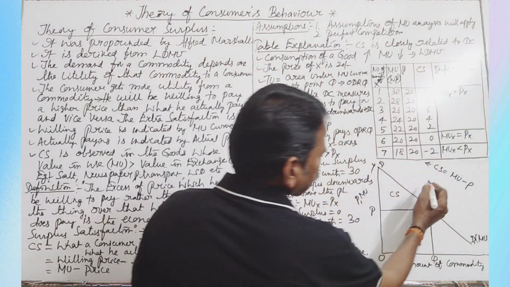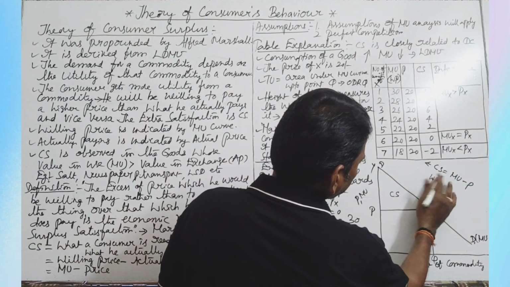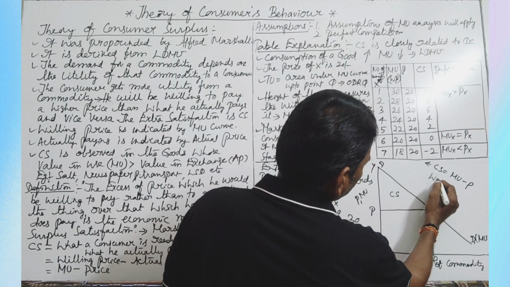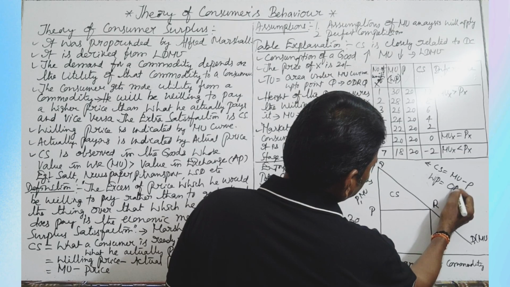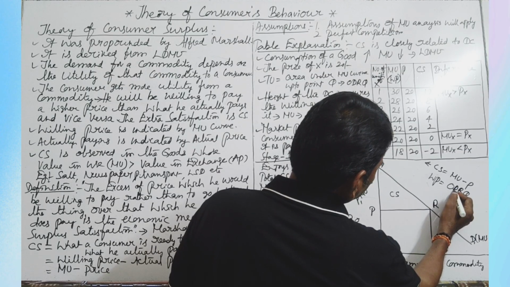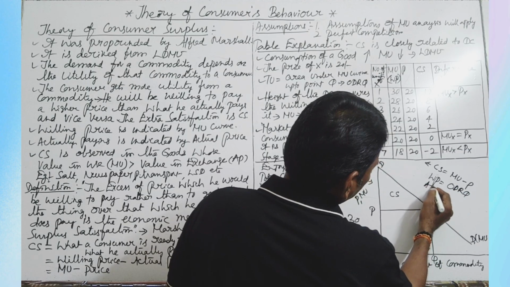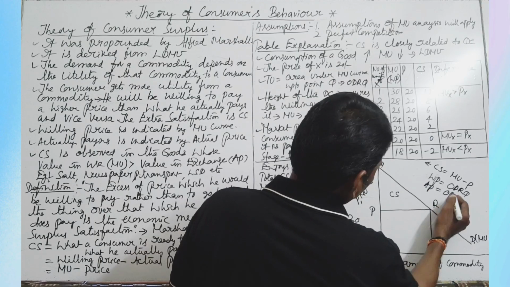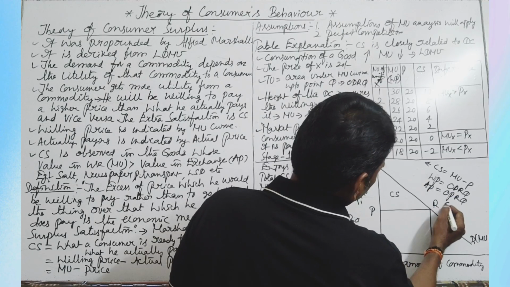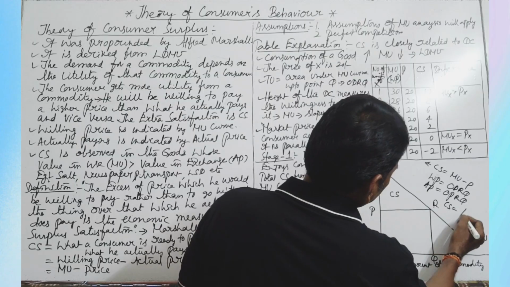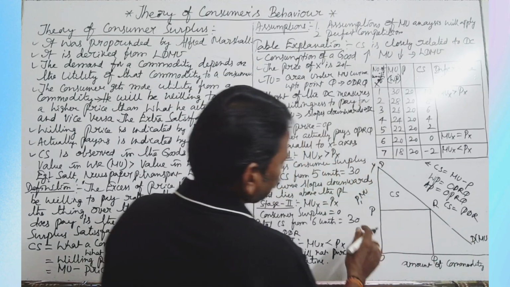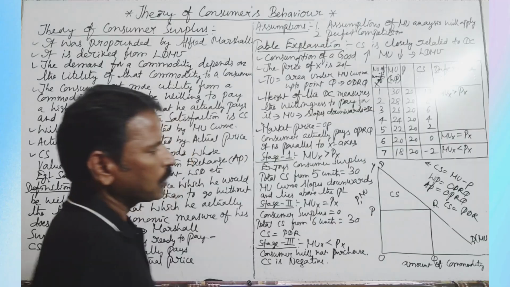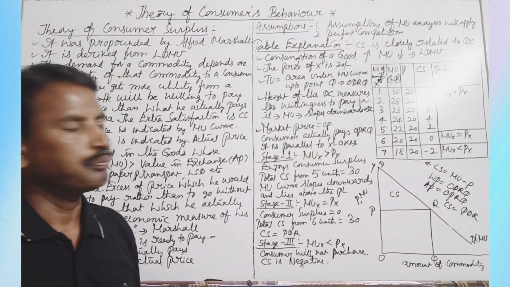So the willing price is equal to ODRQ, and the actual price is equal to OPRQ. Consumer surplus is the triangle PDR. The PDR triangle is called consumer surplus.